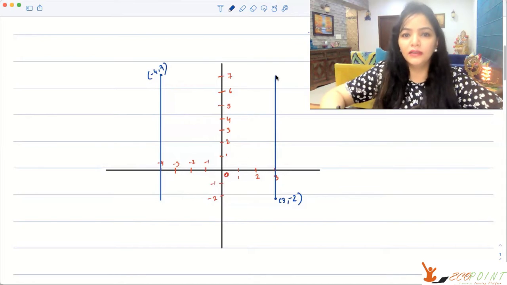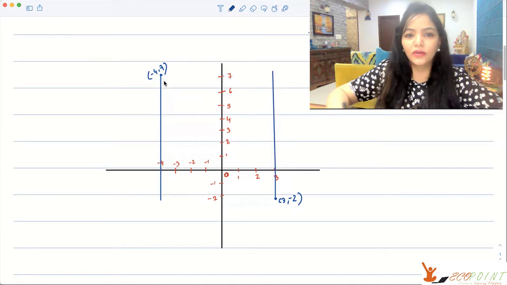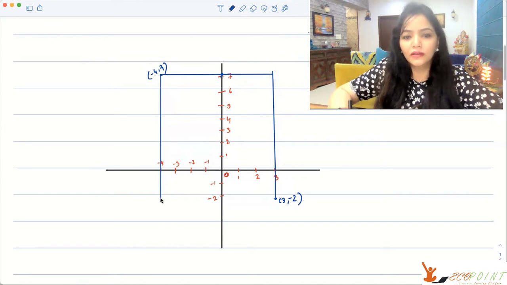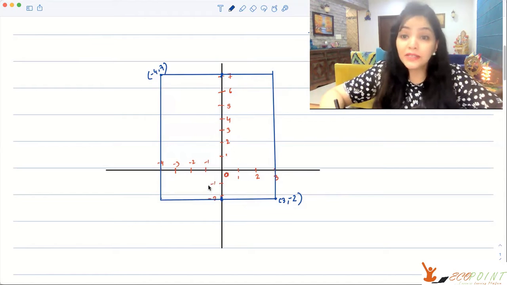And then we will join the other side. So this is your length and breadth. 7 should be somewhere here, and this should be cutting -2. So let -2 be this point. Okay, so this becomes a rectangle.